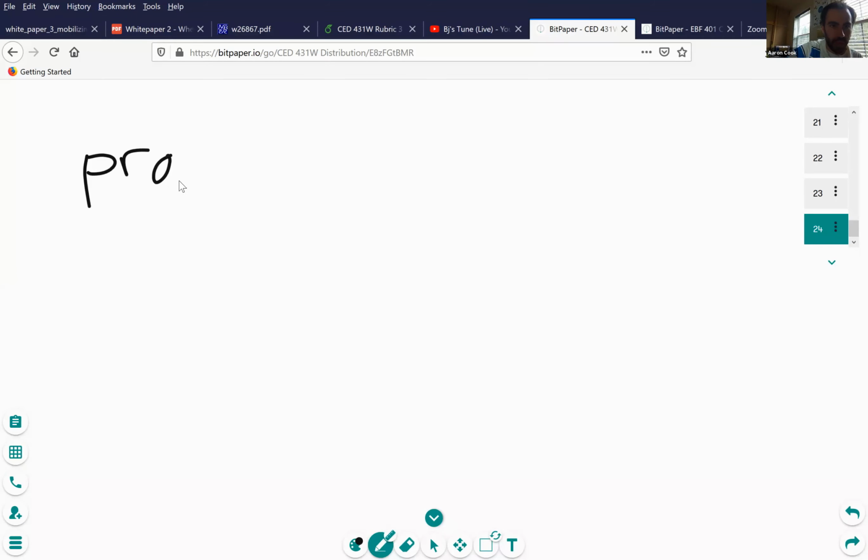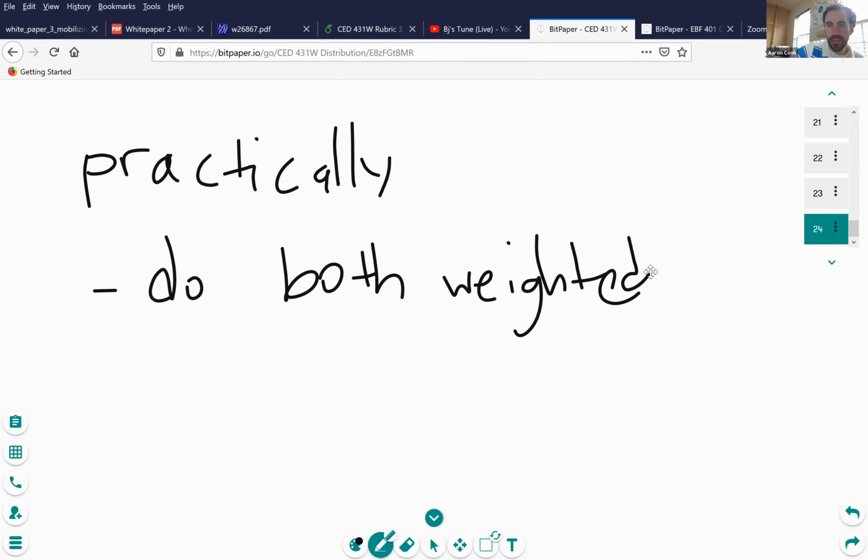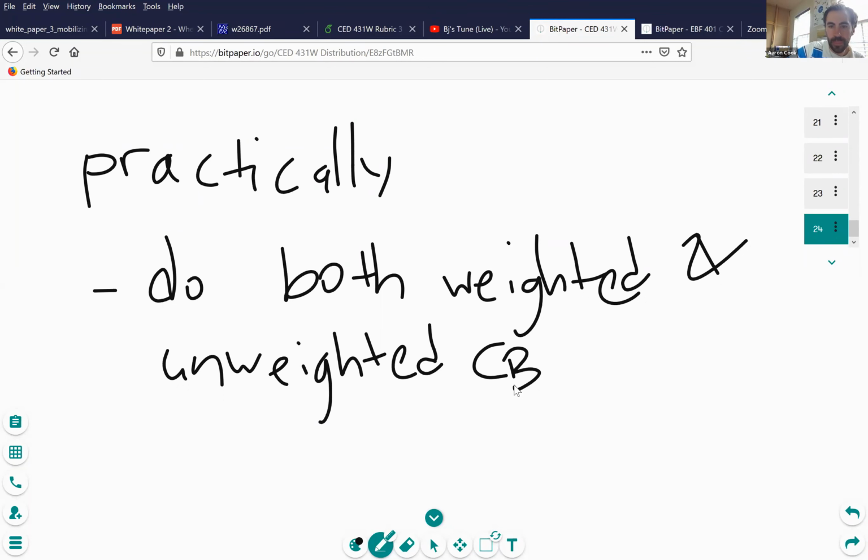Practically, when you're considering cost benefit analysis, I just have a couple of practical comments. Do both a weighted and unweighted CBA. It doesn't hurt to have more information, and simply including an extra parameter to scale up or down the benefits or costs accruing to different groups is the least of your difficulties in carrying out cost benefit analysis.